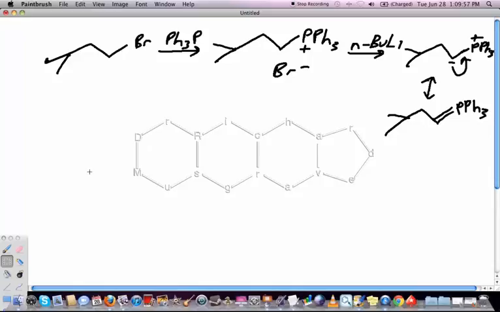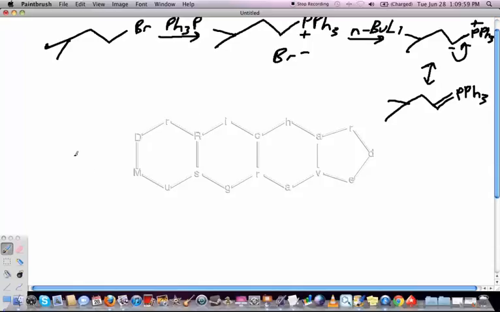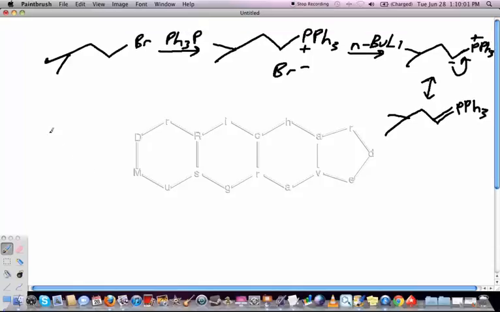Now what I'm going to do is show you how the Wittig reagent interacts with an aldehyde or ketone. So we'll choose this as our ketone, and we will react it with our Wittig reagent.